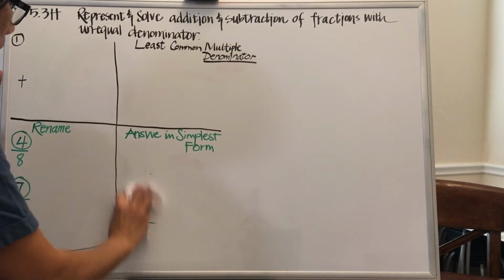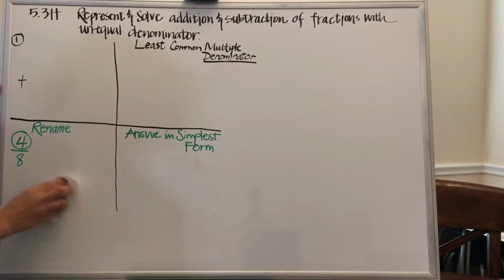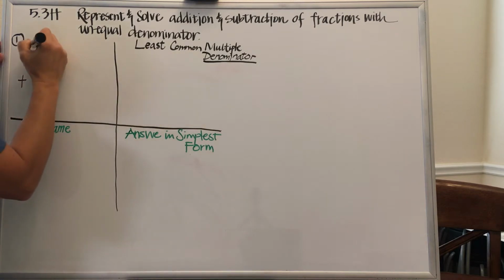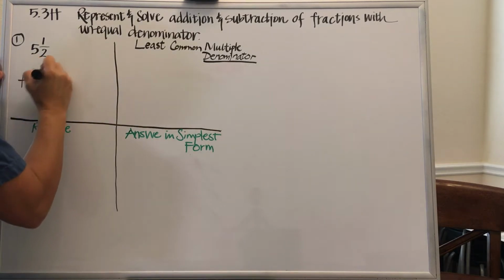So the next example is going to be represented with a mixed number. As our fraction gets bigger, we're no longer just working with a fraction that's less than 1 whole. So we're going to solve this equation. We're going to add 7 and 7/8.